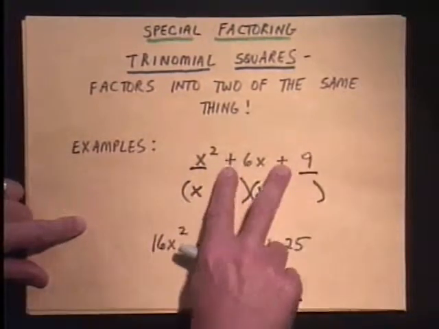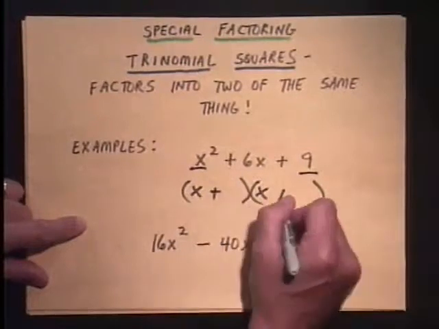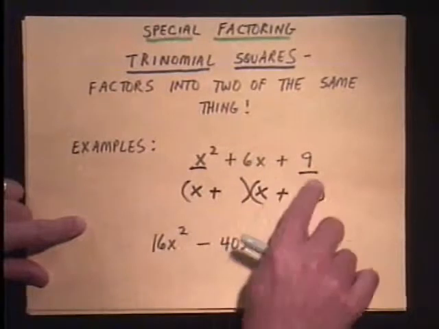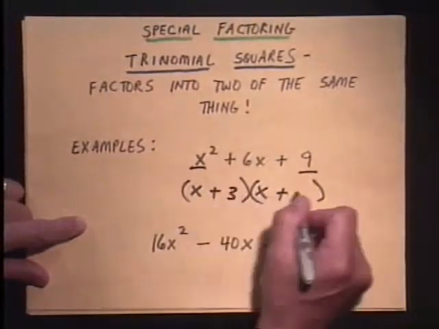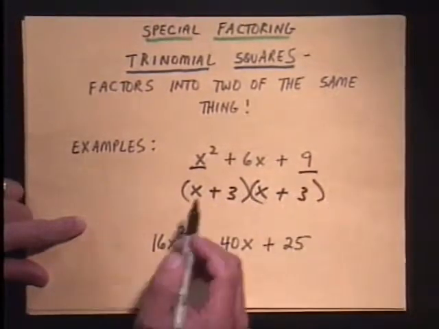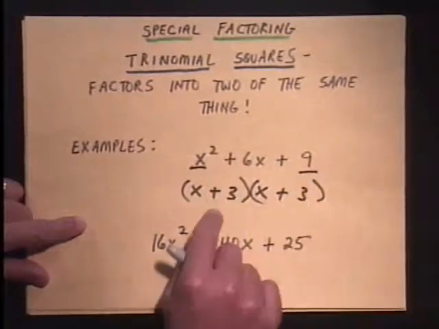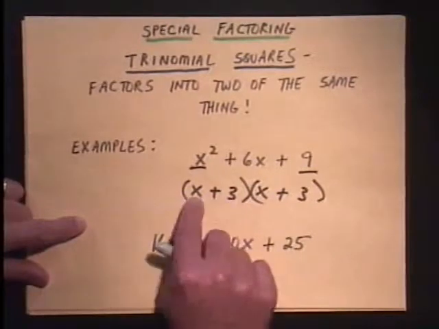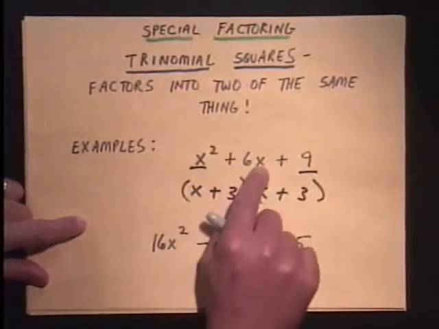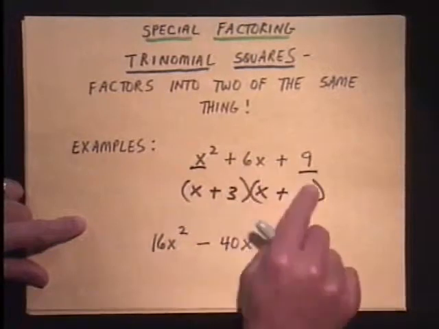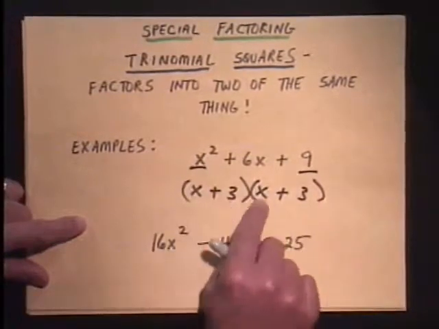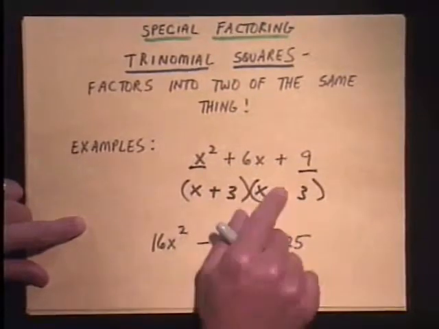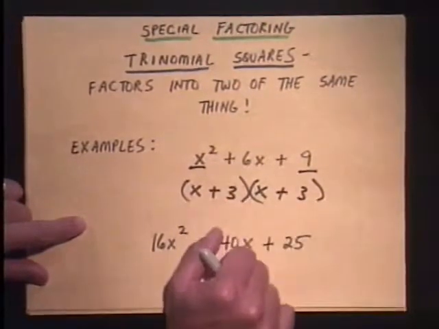And since both of these signs are pluses, both of these signs will be pluses. We've seen that in the past. And what times what, the same two things, gives me 9? 3, 3. So very nice to factor here. And notice if I take a and b, a is x and b is 3. If I multiply those and double it, I get 6x in the middle. Or if I were to FOIL this, I would get 3x on the outside, 3x on the inside, and that would give me the middle term. So it will check by FOILing or plugging numbers in to show the factors work.